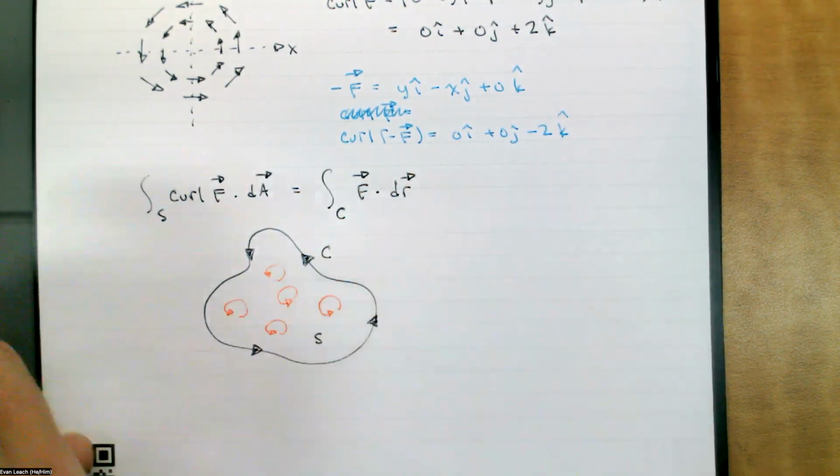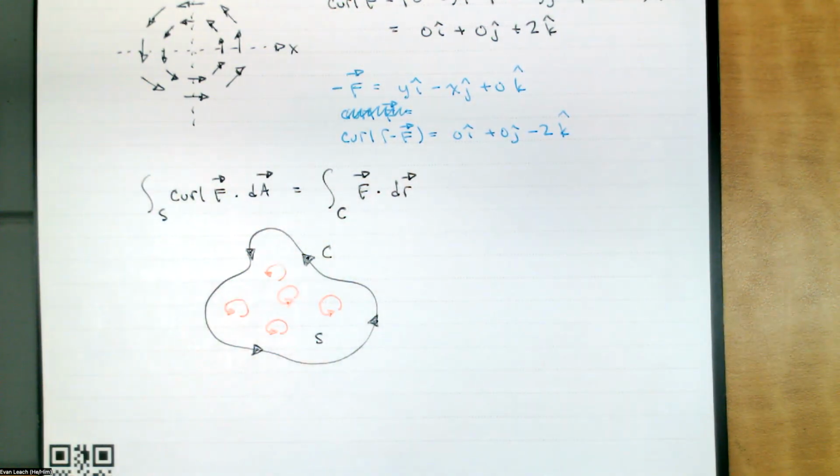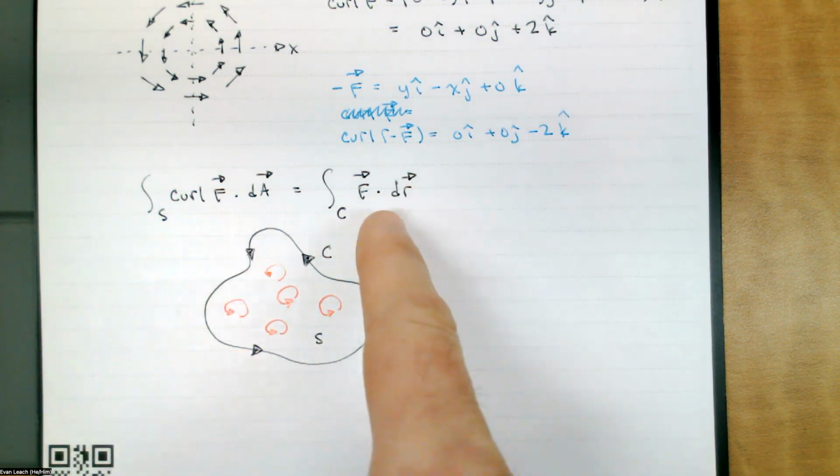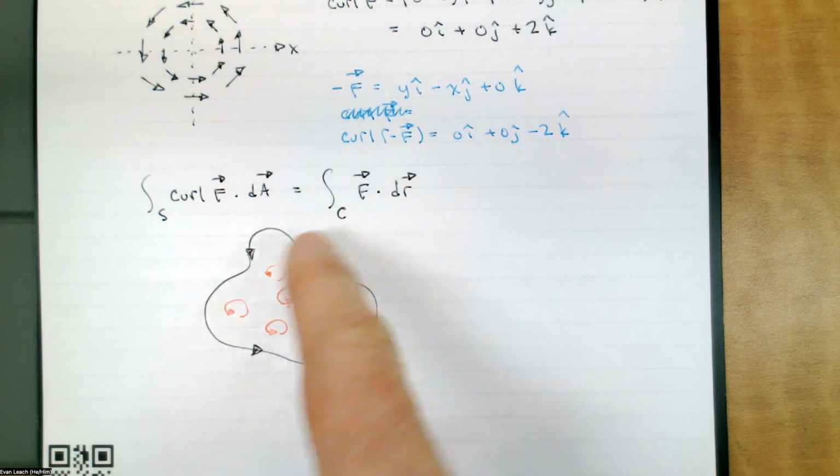And in fundamental theorem of calculus fashion, when we add up all the swirliness of the curl, we can just add up the vector field around the boundary of the surface. When we integrate a derivative over a set, we evaluate the function at the boundary of the set.